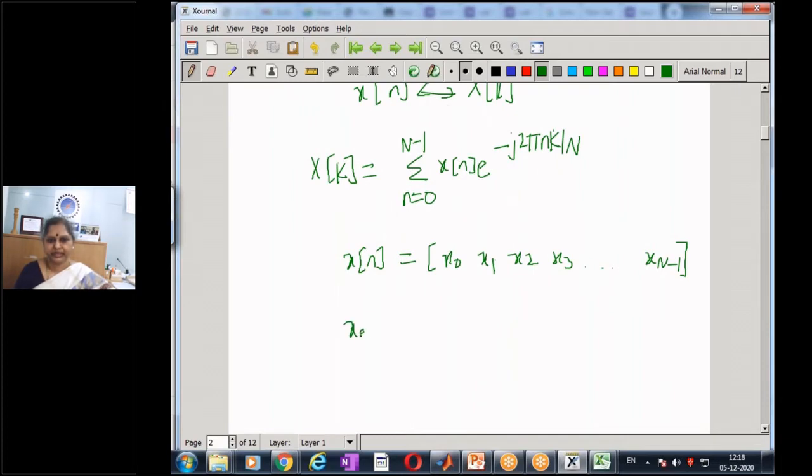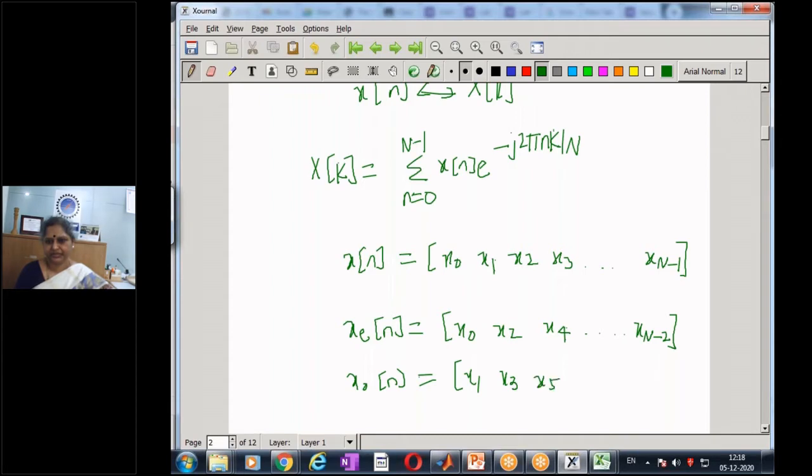One contains all the even terms, x even of n. So this is going to contain x0, x2, x4, x6, and so on up to x of n minus 2. While I consider another sequence, the remaining terms, the odd terms, which are given by x1, x3, x5, and so on up to x of n minus 1.